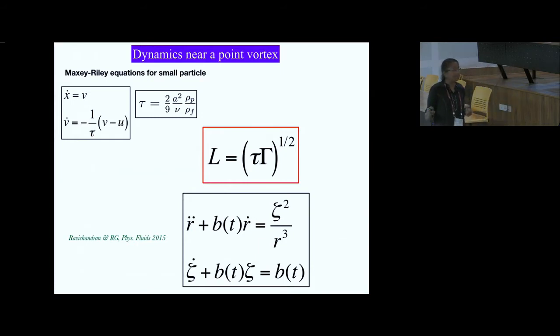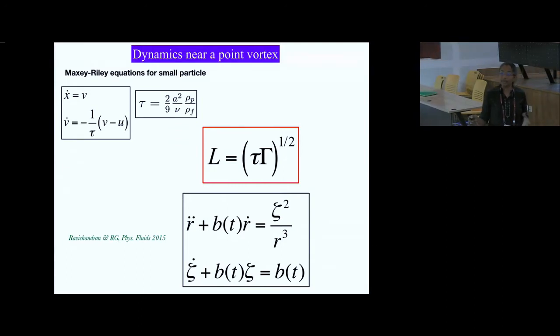This is a special length scale, and when you write the equations in this length scale, you get a parameter-free set of two very simple ordinary differential equations. B of t represents how big the droplet is. It would be 1 at time 0, and it would become bigger and bigger as more and more droplets join this. And zeta is the angular momentum of the droplet, which very quickly relaxes to the flow angular momentum.